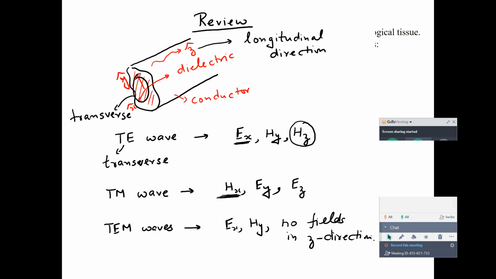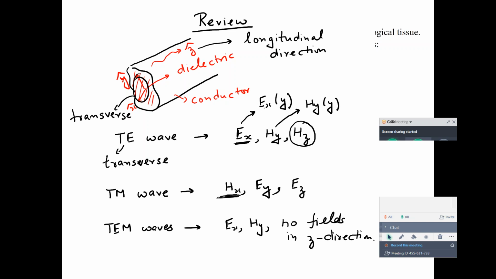We had seen that when I have these components, EX, for the transverse electric wave, would have to have an amplitude which varies in the y direction, whereas the H field, HY, will have a component which would also vary in the y direction.